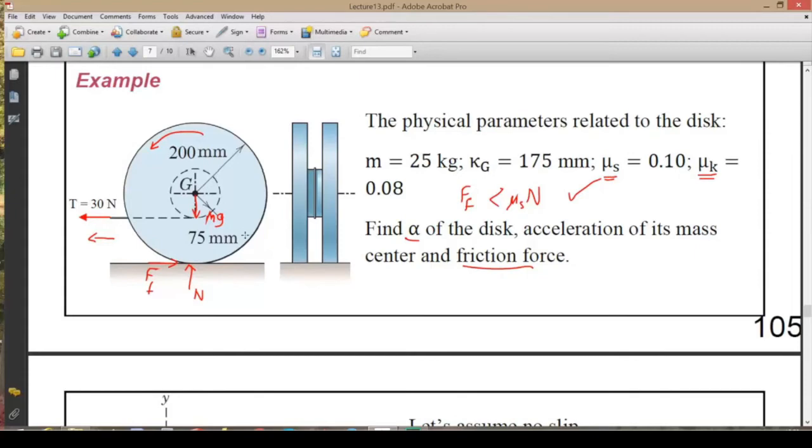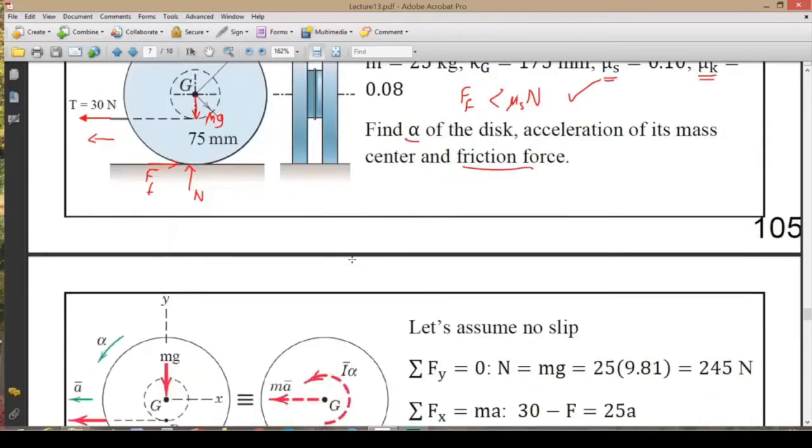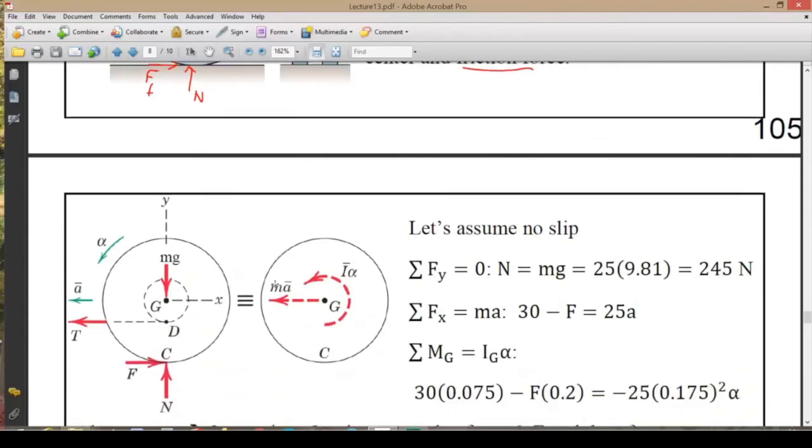Okay, so what we have in our hands to use are these three formulations. Two of them are from the vector equation of Newton, and one of them is the moment equation that we would write about the mass center. So with the assumption of no slip, we can put our own frame. In this case, x, y axes are selected in this direction.